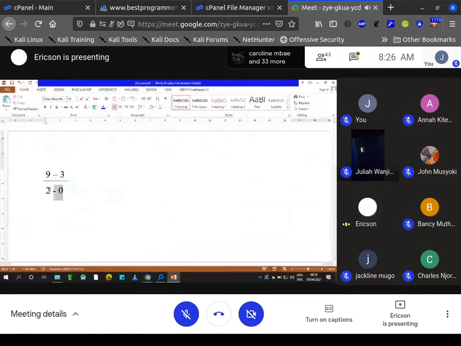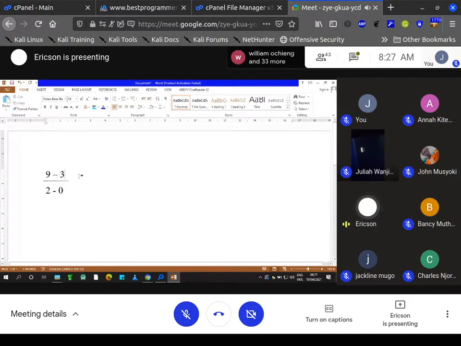Have it as this in your books, 9 minus 3 by 2 minus 0. This is how we'll be calculating our gradient. So take note of that. Again, I will not be able to draw the graphs, so this is how we'll be calculating. The few points that I need to clarify, I'll be clarifying them in this way.